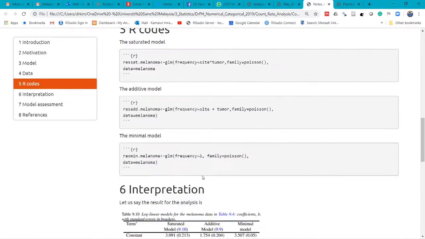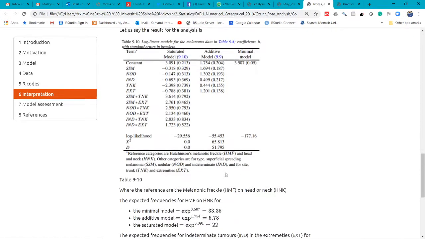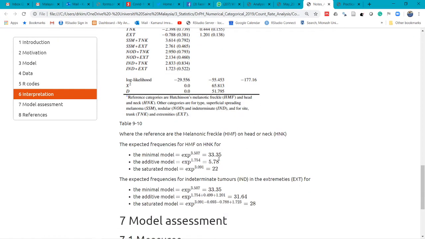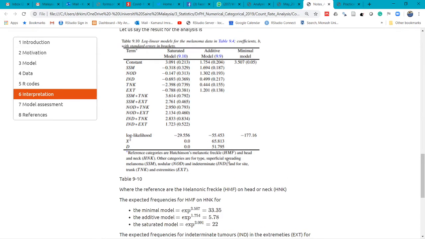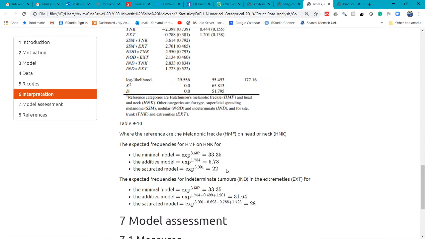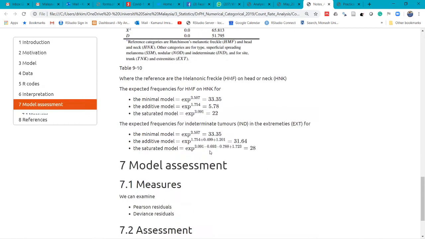So if everything else is zero, not superficial, not nodular, not indeterminate, not trunk, not extremities, you have the expected count of 3.35 on the minimal model. The additive model is 5.78, and on the saturated model it is 22. So you exponentiate this one.